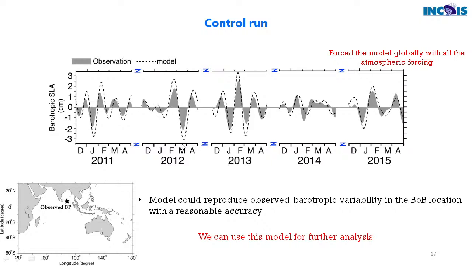The model could reproduce the observed barotropic sea level variability seen in the Bay of Bengal location, with reasonable accuracy also. You can see that even though it is overestimating sometimes, specifically during 11, 12, 13, it got the pattern. So this gives us confidence to try some experiments using this model.